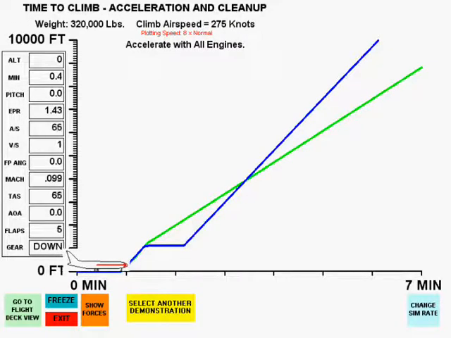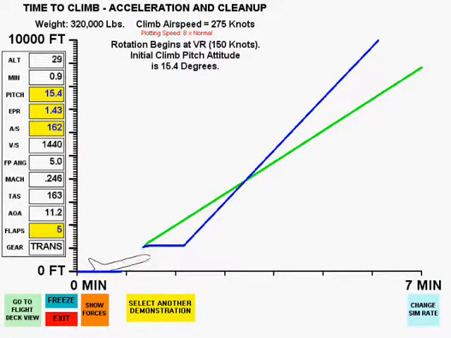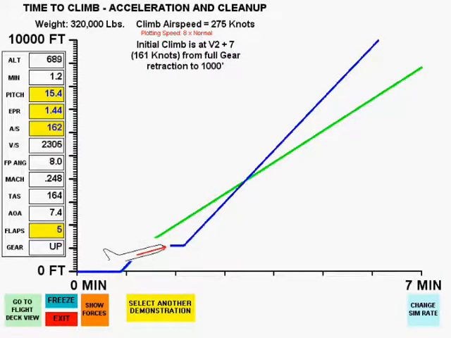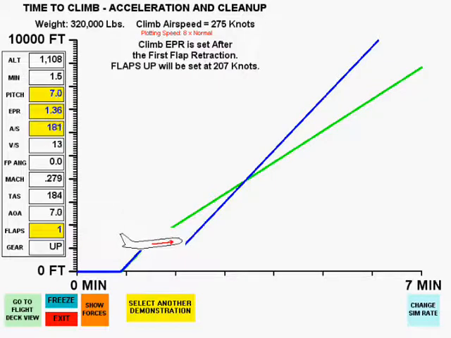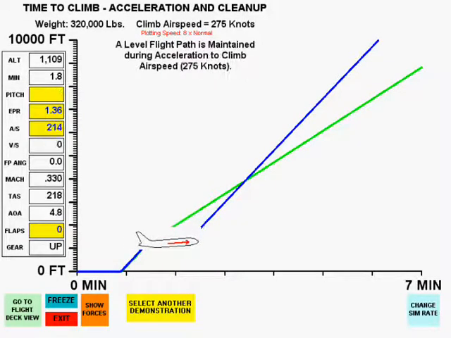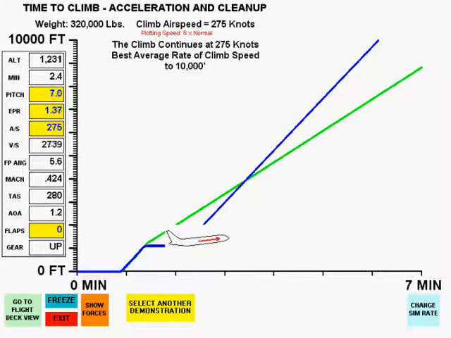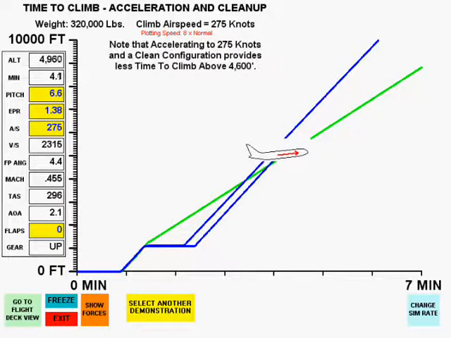This case will use a climb at 275 knots, which is the average best rate of climb speed to 10,000 feet at this weight. The break-even altitude here is 4,600 feet.